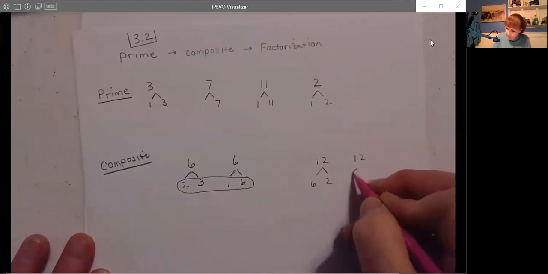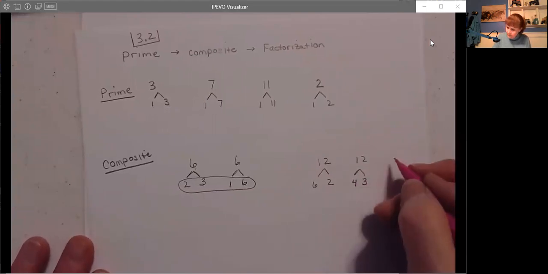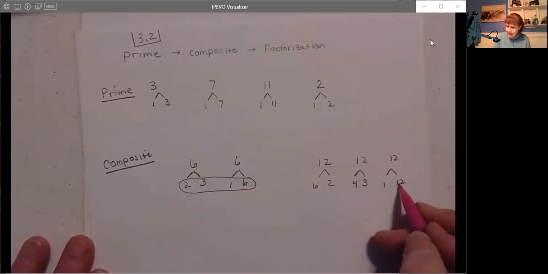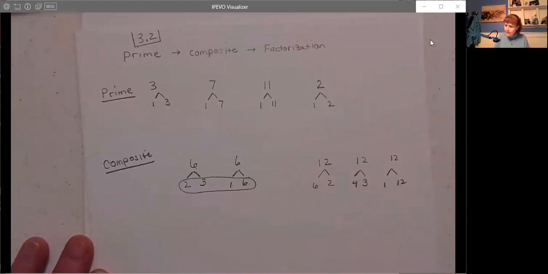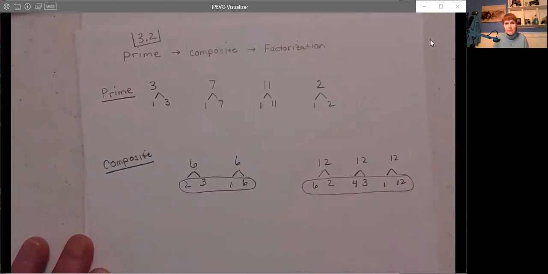Or you can have 4 times 3. Or you can have 1 times 12. You'll always have 1 and itself in your list. These are the factors of 12. All right, those are your factors of 12. Numbers that when you multiply them together, you come up with this product here.